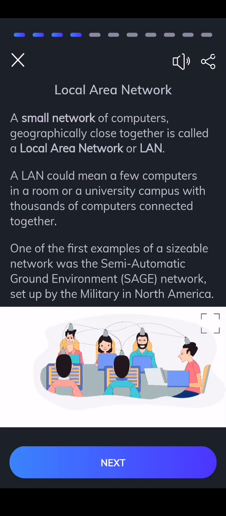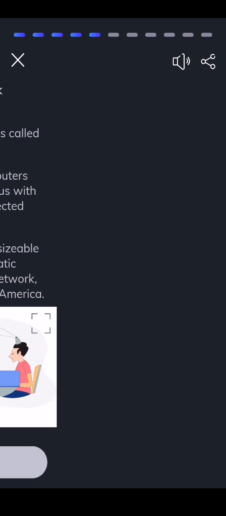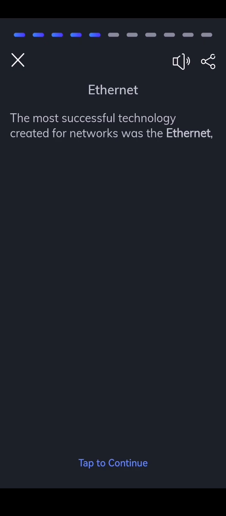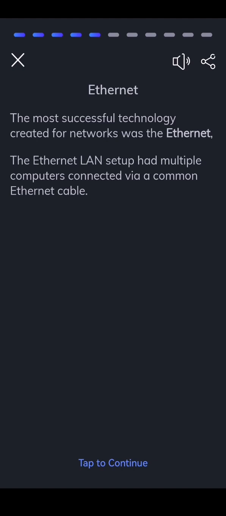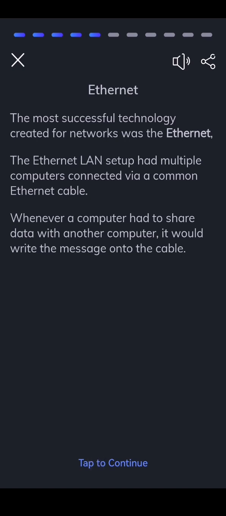One of the first examples of a sizable network was the Semi-Automatic Ground Environment (SAGE) network, set up by the military in North America. The most successful technology created for networks was the Ethernet. The Ethernet LAN setup had multiple computers connected via a common Ethernet cable. Whenever a computer had to share data with another computer, it would write the message onto the cable.